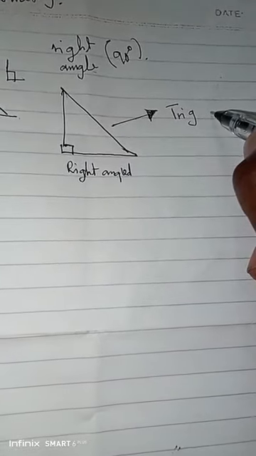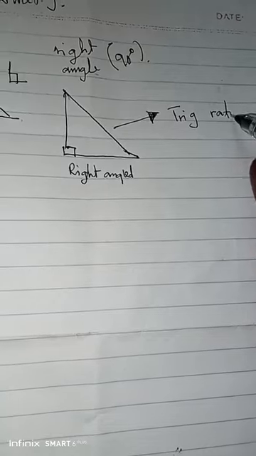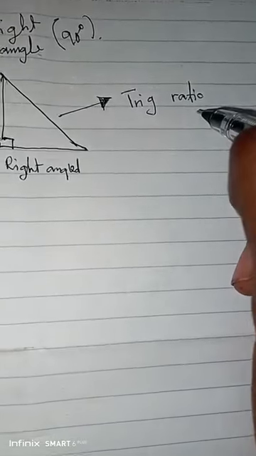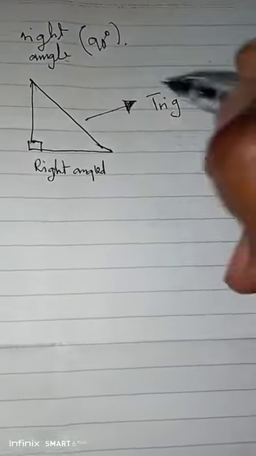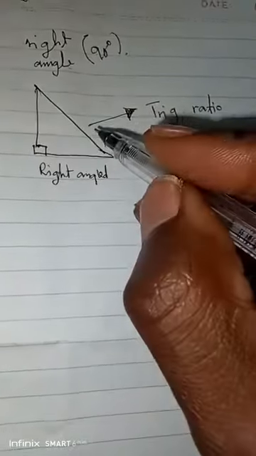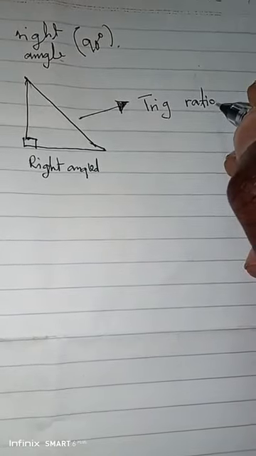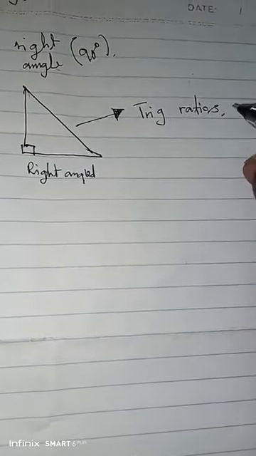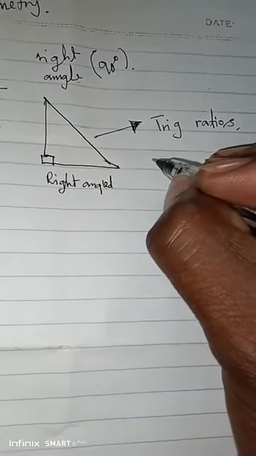Trig ratios are largely discussed under right angled triangles. And basically, we have about three trig ratios.